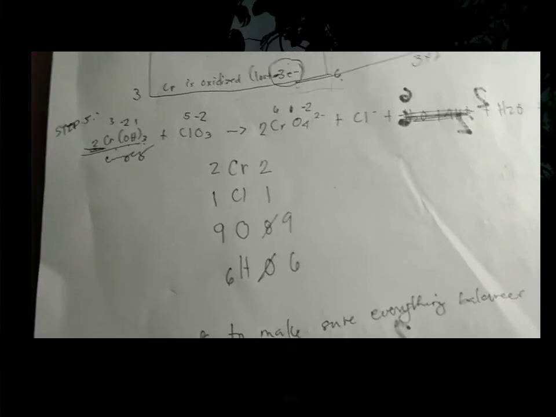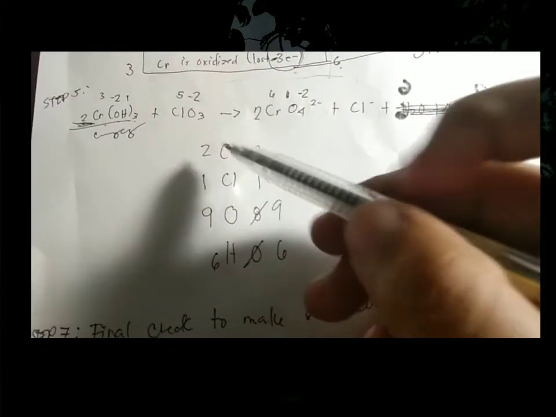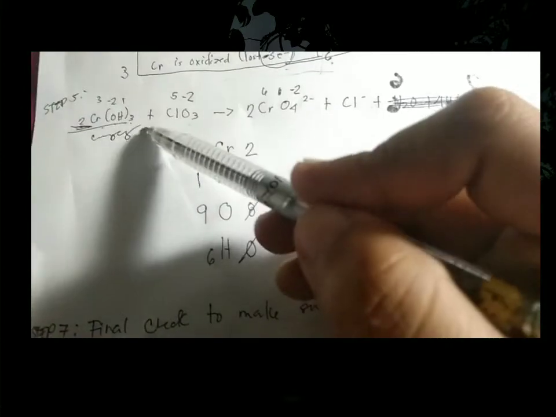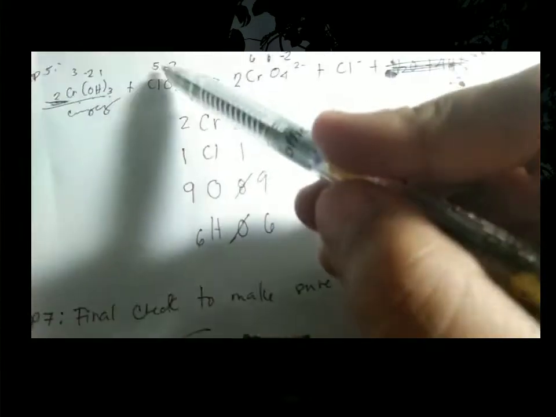So check natin sa oxygen at hydrogen. So sa oxygen we have 9 because 3 plus 3 times 2, or pwede din 3 times 2 is equal to 6 plus 3 is equal to 9.